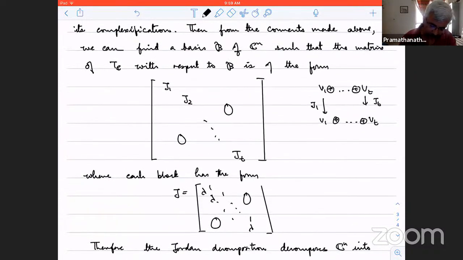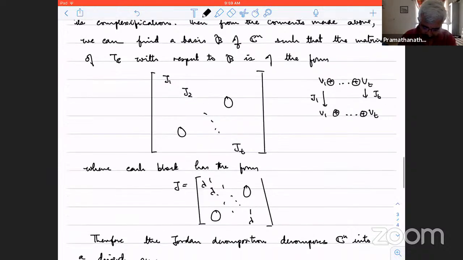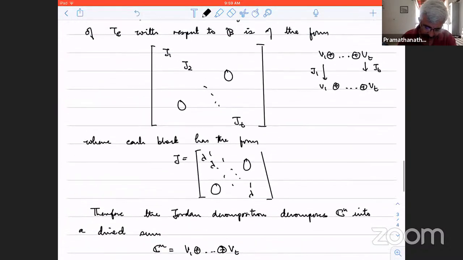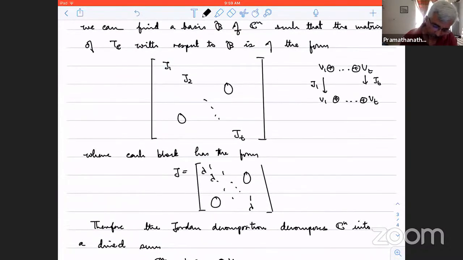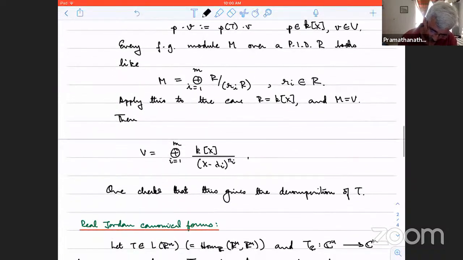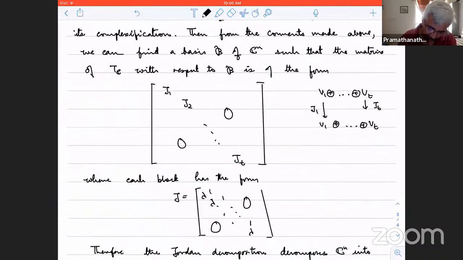So, for example, by the way, what happens if you apply this matrix to E1?